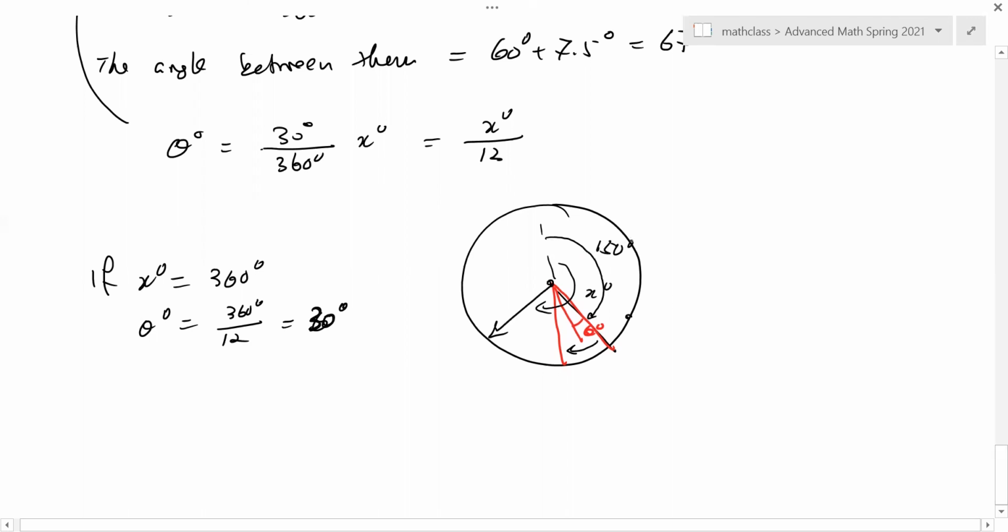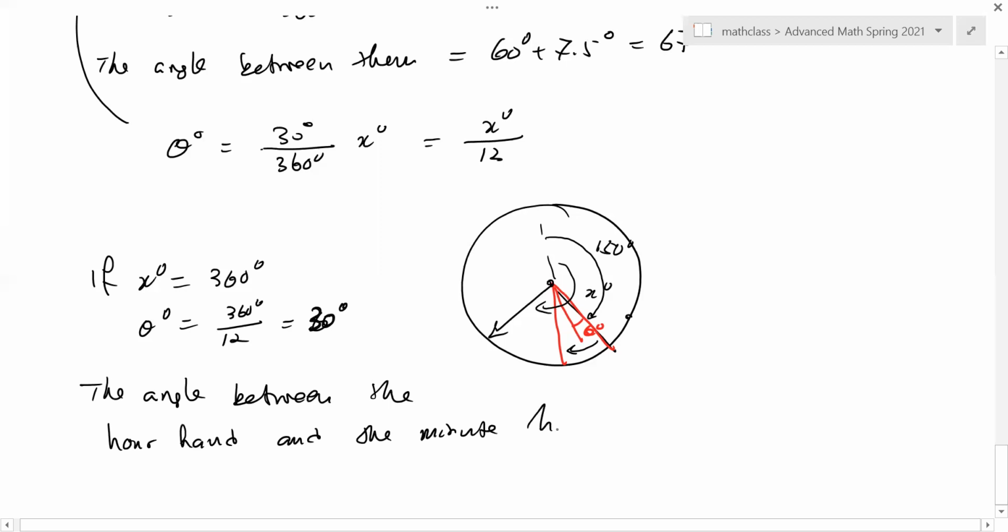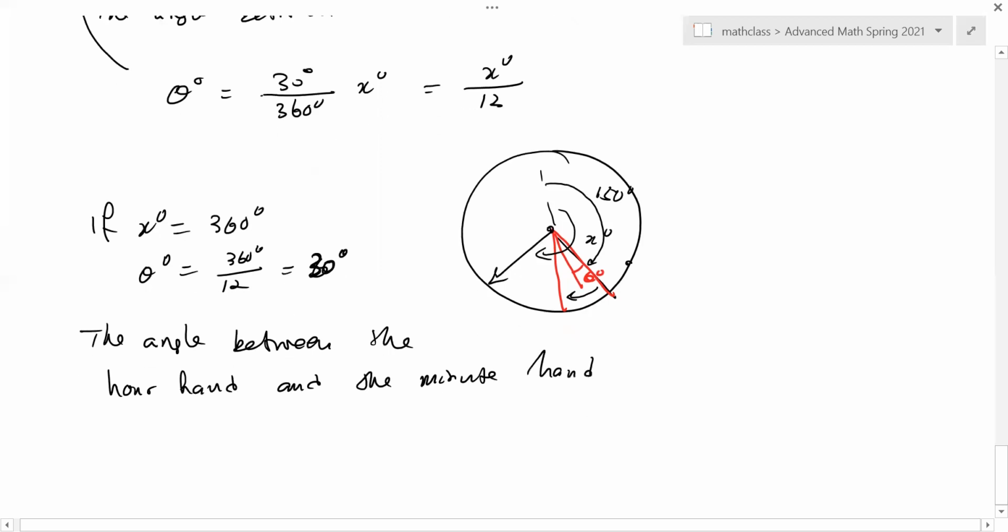So you can get a slightly more general formula, okay? So the angle between the hour hand and the minute hand is going to be, I don't care which one is first, just the difference of those two angles.